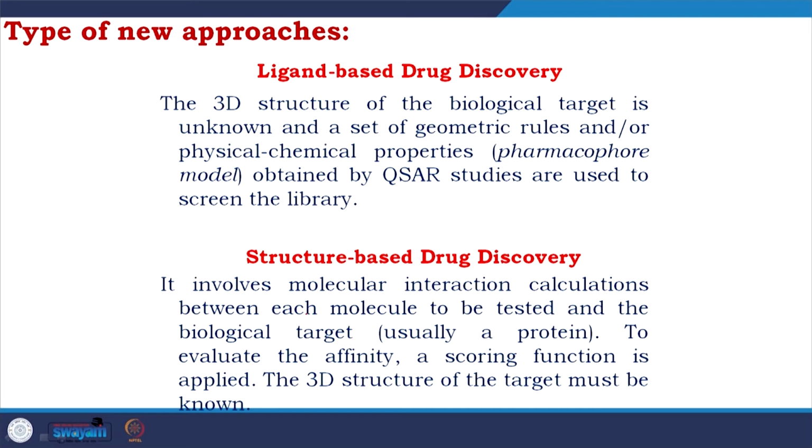Structure based drug discovery involves molecular interaction calculation between each molecule to be tested and the biological target, which usually is a protein. To evaluate the affinity, a scoring function is applied. The 3D structure of the target must be known.